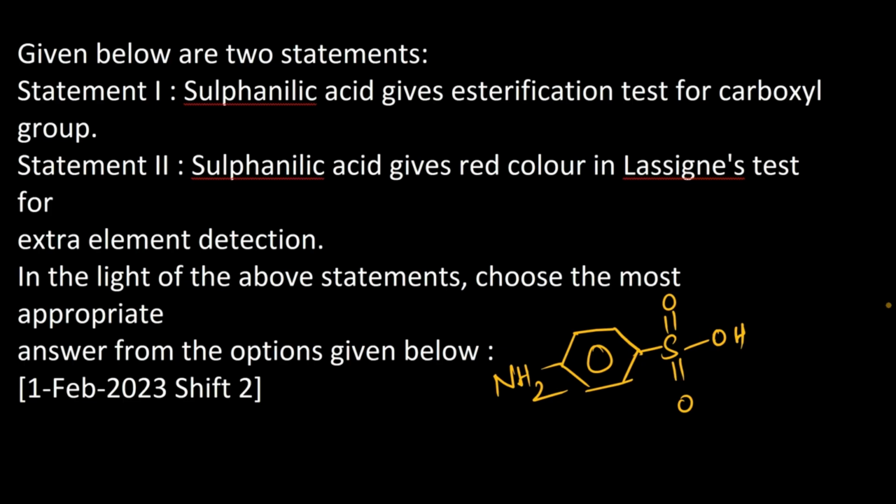It will not show the esterification test for carboxyl group, as it doesn't have any carboxylic group. And it gives red color with Lassaigne's test for extra element detection, since the presence of both sulfur and nitrogen gives the test. So statement 2 is correct. Statement 1 is incorrect.